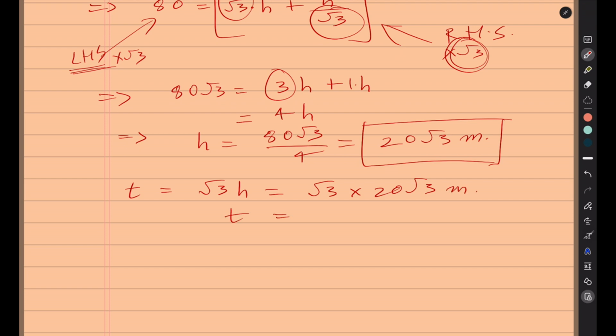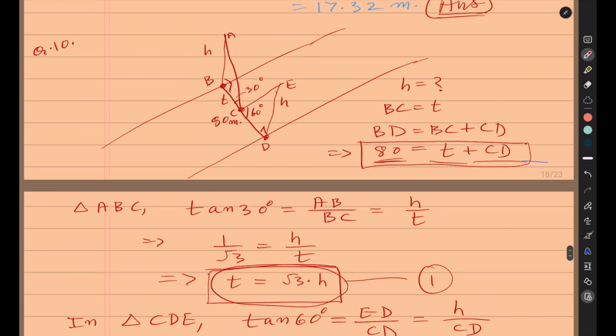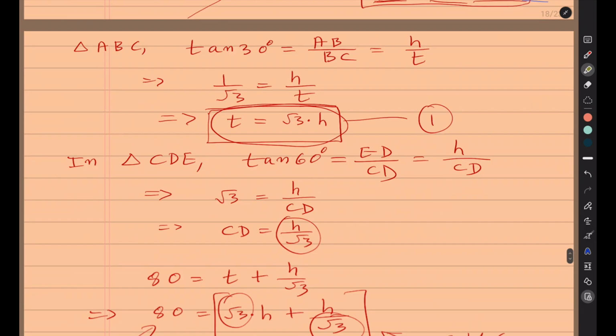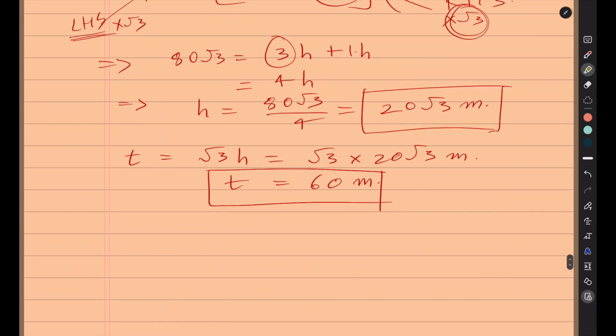So it gives us the value of t as 60 meter. And what was t? T was basically the distance between B and C. So that is again the solution of the question.